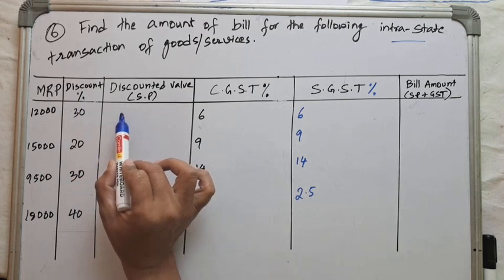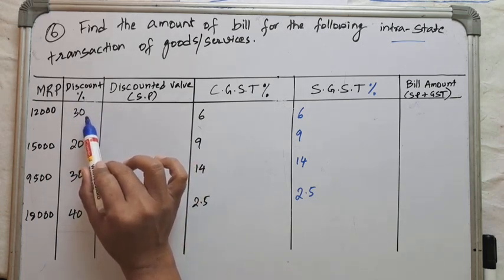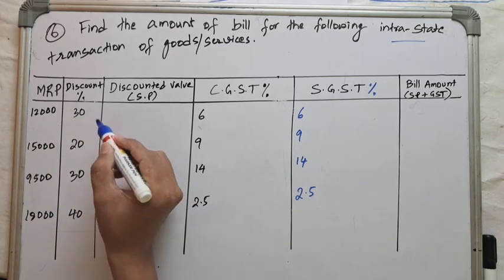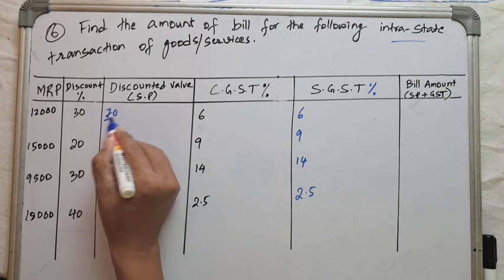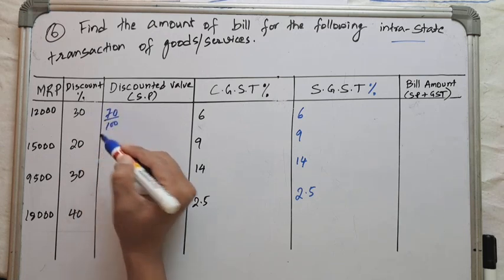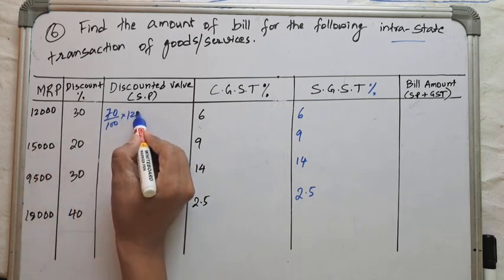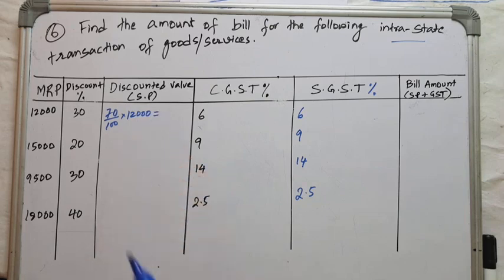So what will be the selling price? 100 minus 30 will give us 70%, isn't it? So 70% of 12,000 will be the discounted value. 70% means 100 in the denominator, of 12,000.